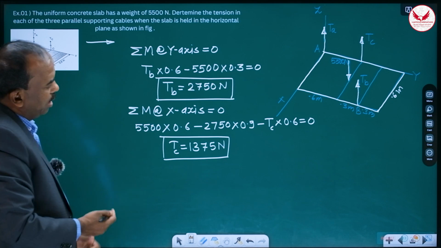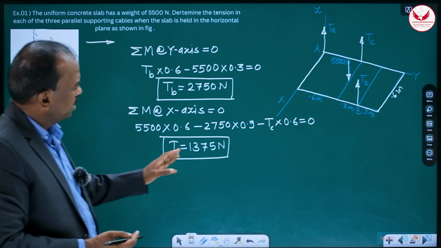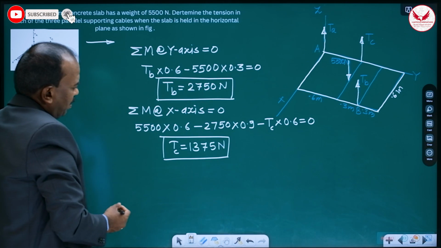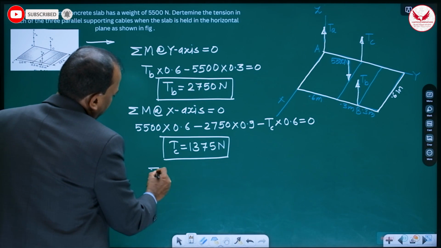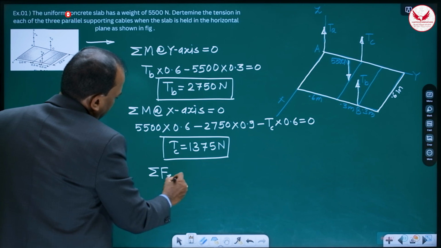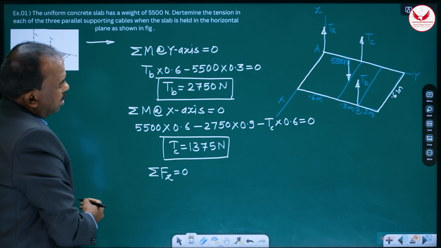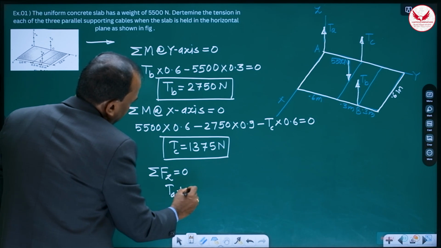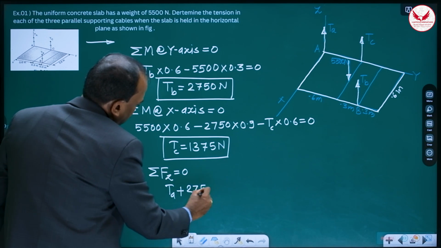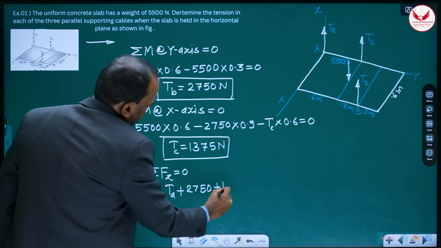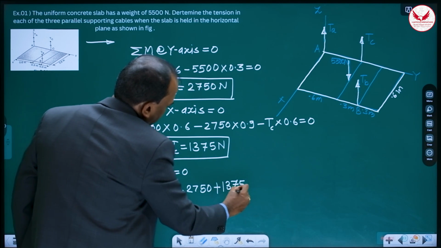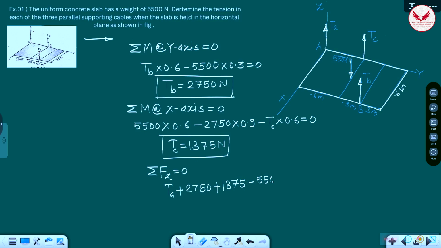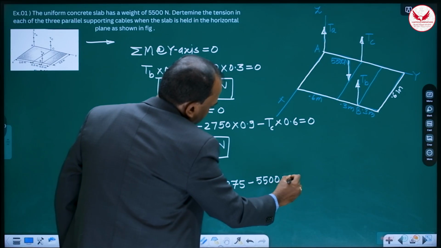Now summation F is equal to 0, this condition we have to use. And all these forces are along the z-axis or parallel to z-axis, then that condition must be summation Fz is equal to 0. Then what we'll get? TA plus TB 2750 upward plus TC 1375 minus weight 5500, it is equal to 0.